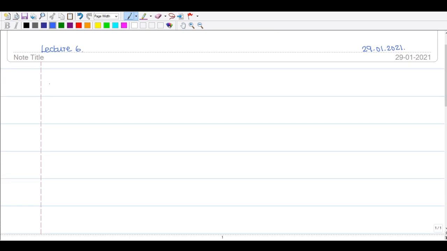De Moivre's theorem. So what it says is that (cos theta plus i sin theta) the whole power n is equal to cos n theta plus i sin n theta.